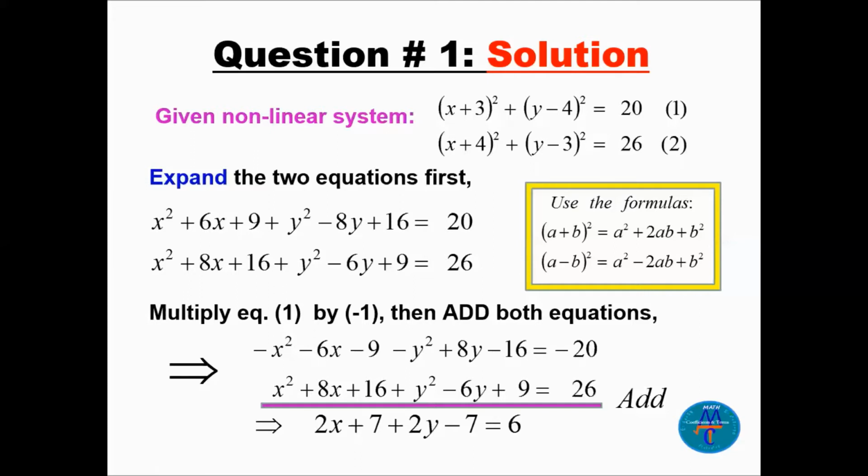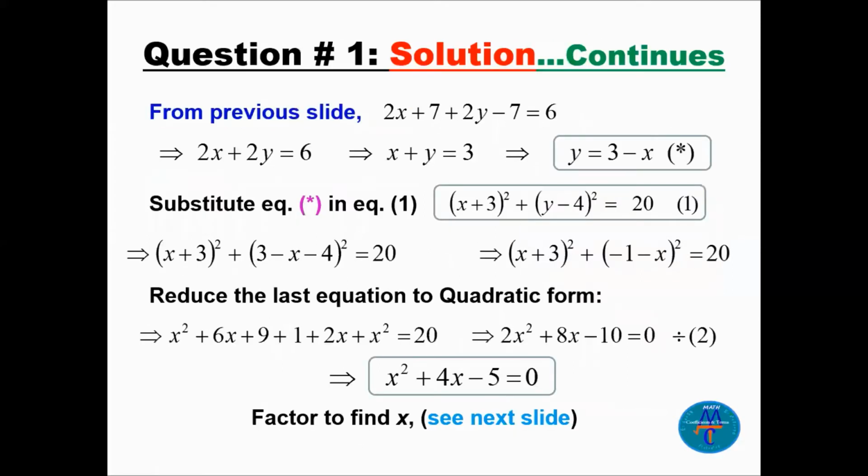So I take the last equation on the second slide: 2x + 7 + 2y - 7 = 6. The 7 will cancel out. So I'm left with 2x + 2y = 6, divided by 2. And then this is the equation that we need: y = 3 - x. I will call it star. You can call it equation 3 or anything you like.